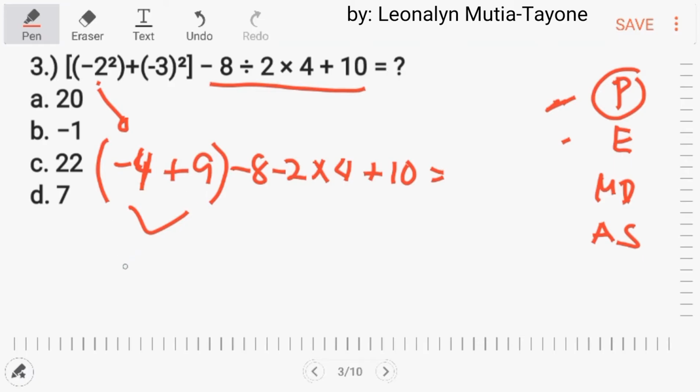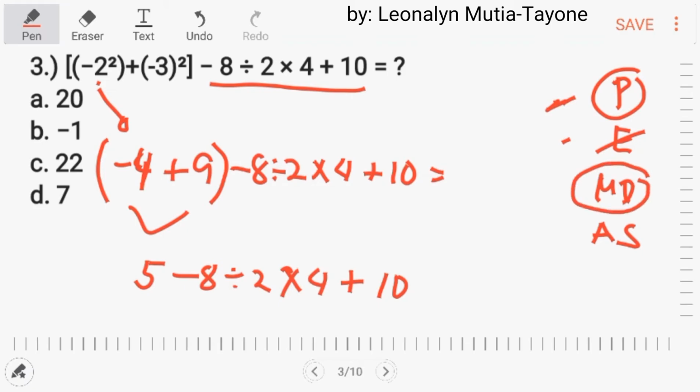So, this is positive 5. Negative 4 plus 9 equals 5. 5 minus 8 divided by 2, division yan, times 4 plus 10. So, tapos na tayo sa exponent din.